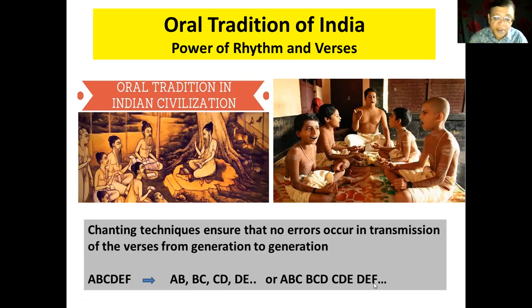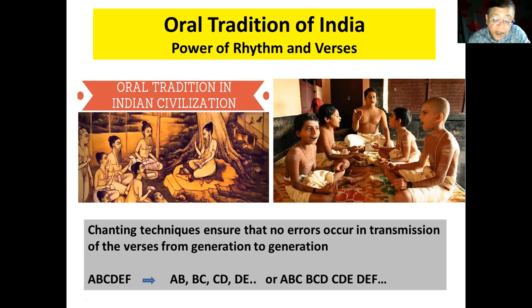And the idea was that it should not be corrupted, that it should remain pure, because we know that if you just tell a story and people tell the story to each other, very soon the story gets corrupted. So Indians were very sure that they had to transmit the knowledge from generation to generation, and therefore the oral tradition and the chanting techniques were very important.